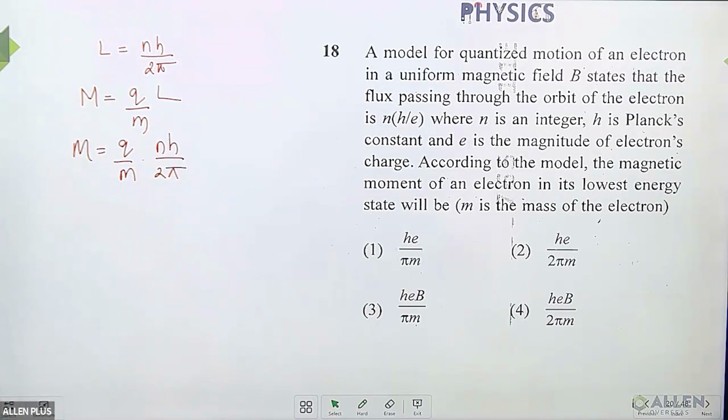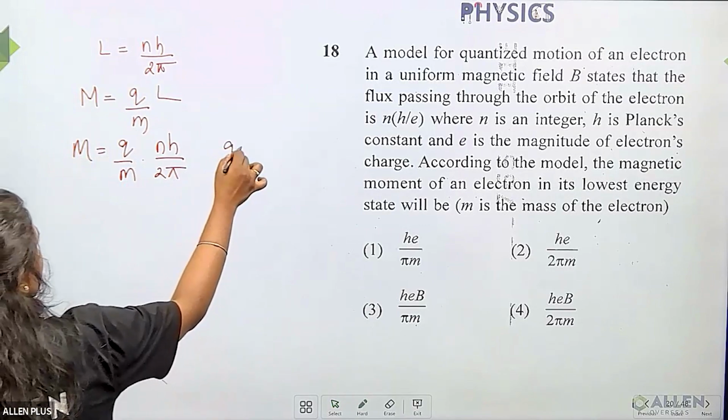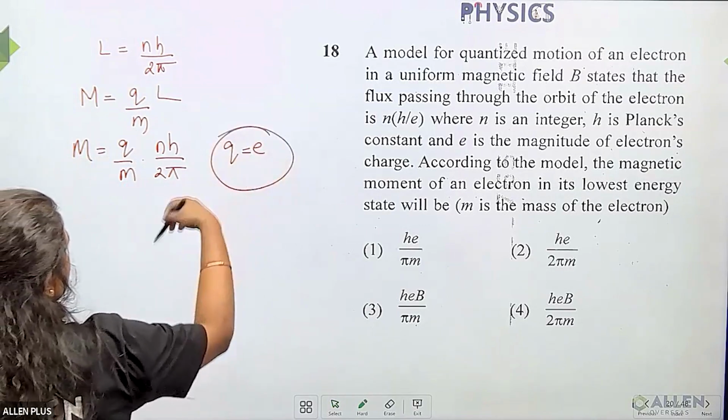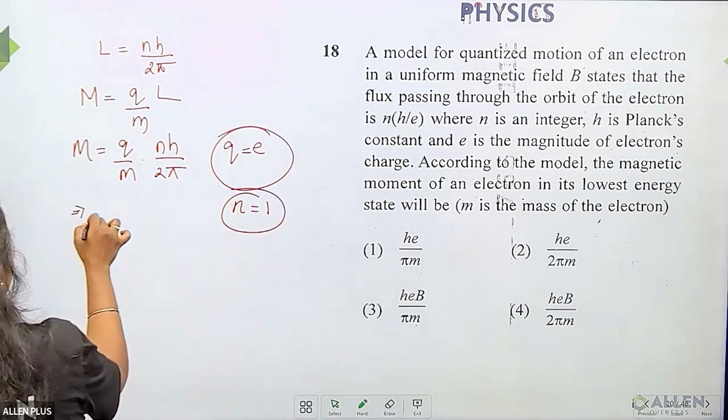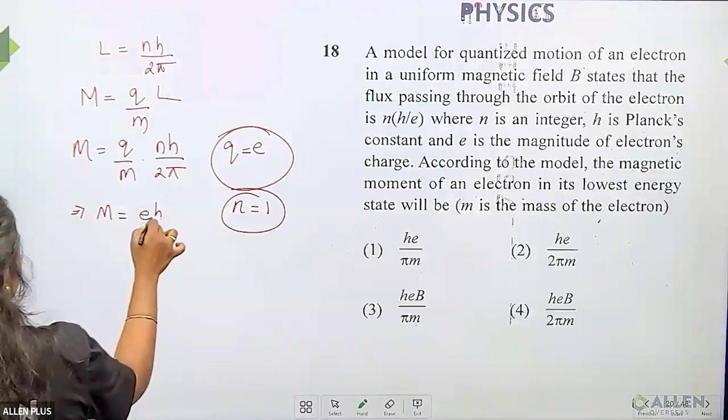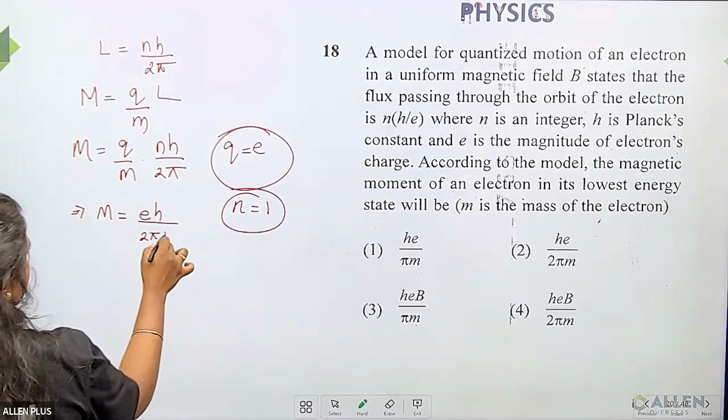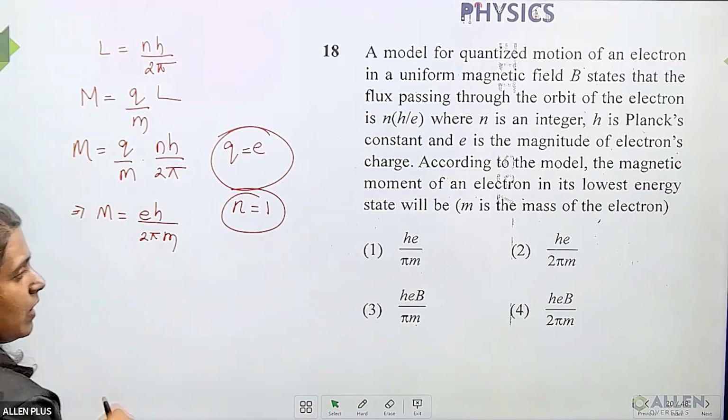Okay, the magnetic moment of an electron, q is equal to e, at its lowest orbit means n is equal to 1. From here I would be getting m is equal to eh by 2 pi m, eh by 2 pi m.